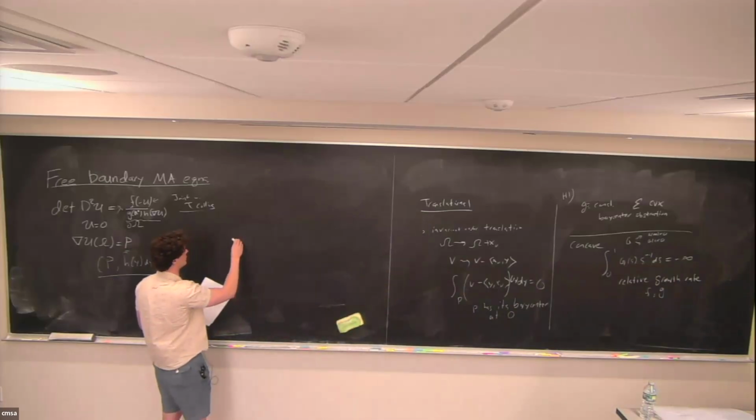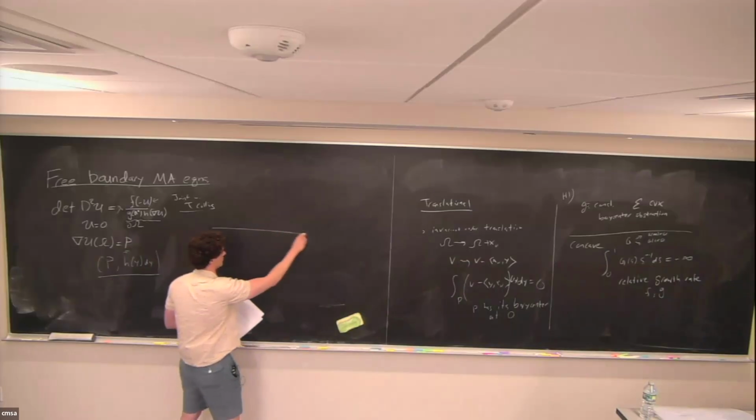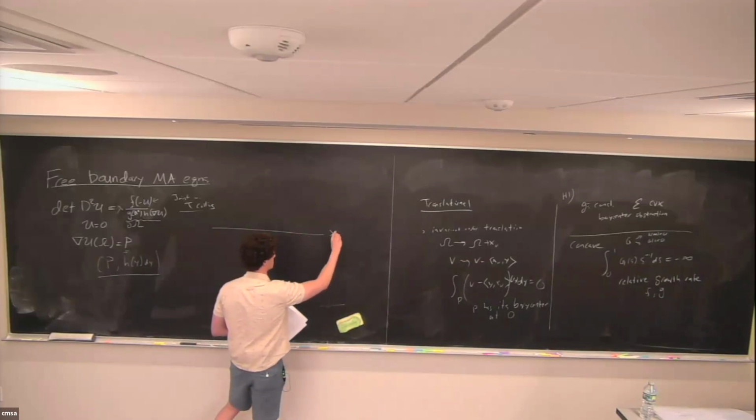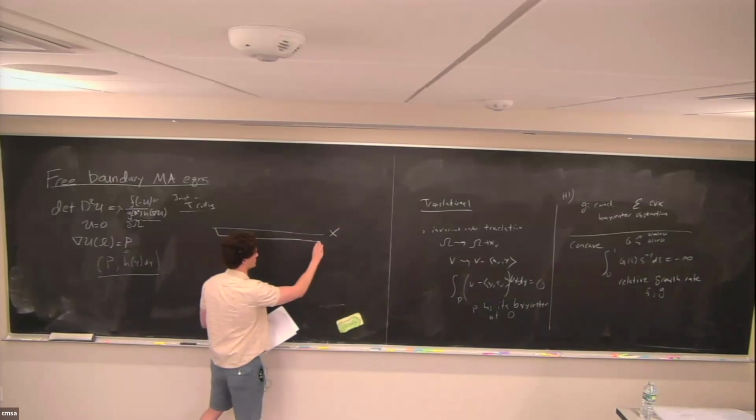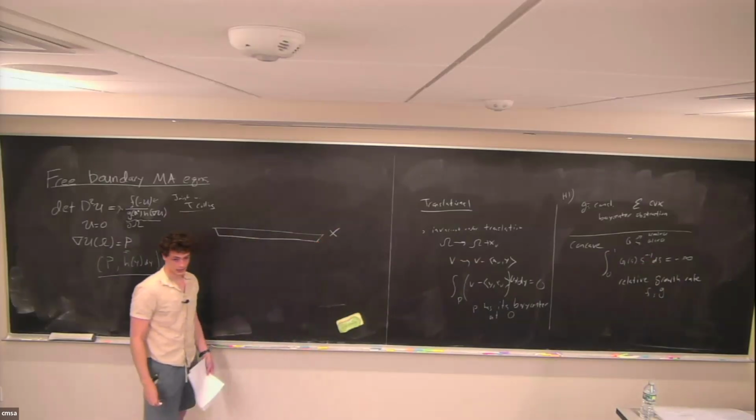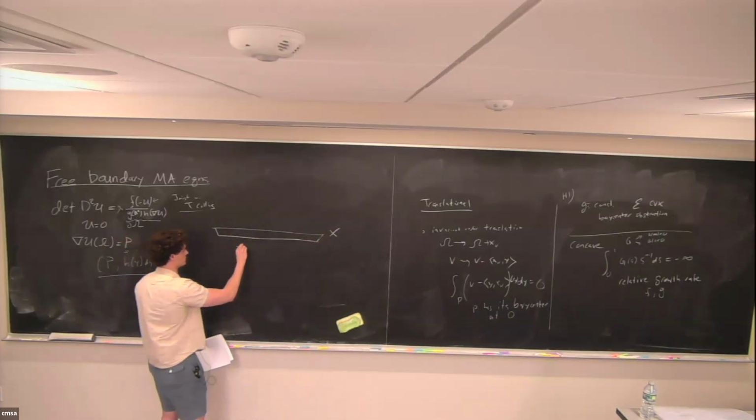So I'll do it on the free boundary side here. This will be in the X variables. If you had some function here which is very long and skinny, this domain here is going to be omega.